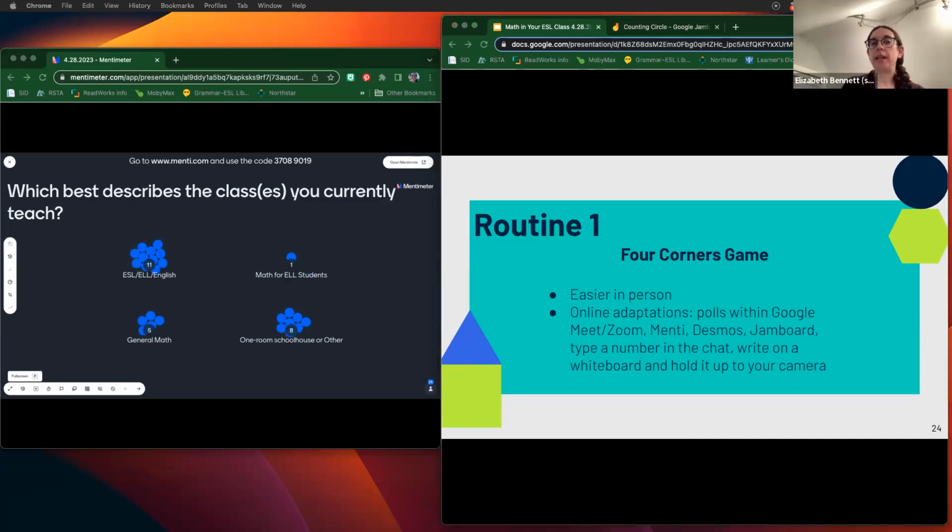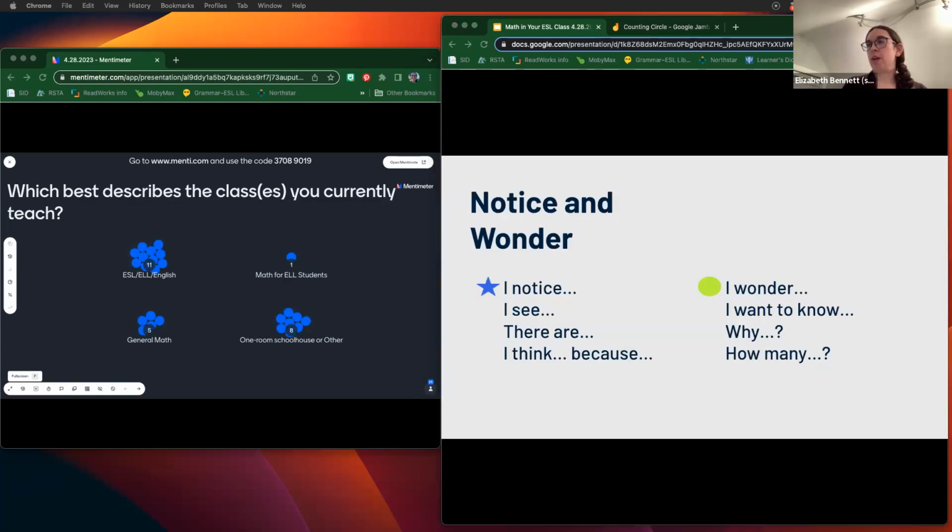So here are some language things you can do once your students have either walked to their corner of the room or submitted their response electronically. You can just ask students to talk about what they notice and what they wonder. This is a really great low stress math routine, and you can use it for something like this.